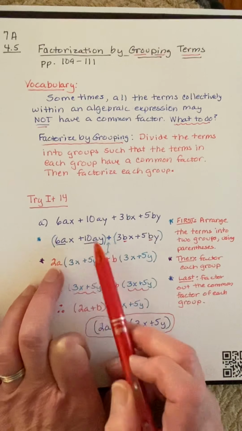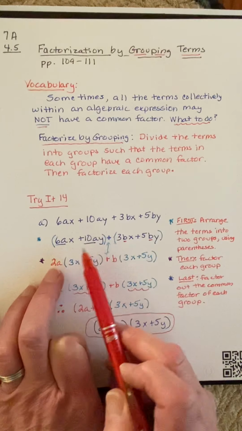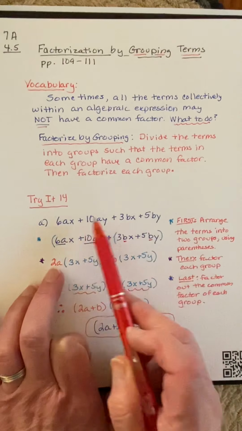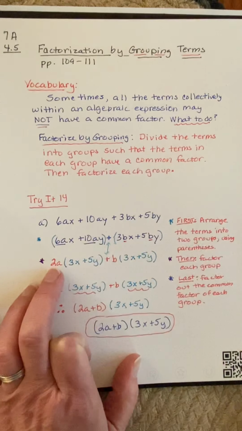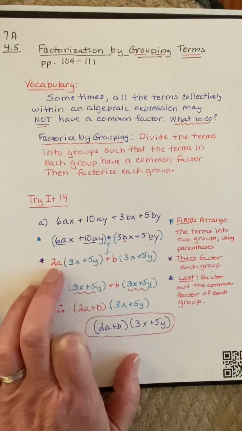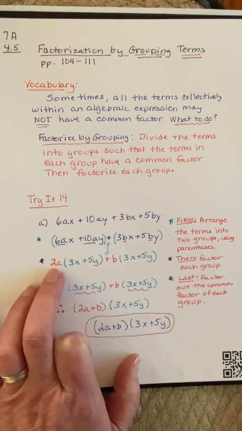I always double check, make sure I'm getting my positives and negatives correct. Since this is all positive to begin with, I don't really have to be too concerned right now. But in the next problem I'm going to have negatives, so I need to understand the principle.